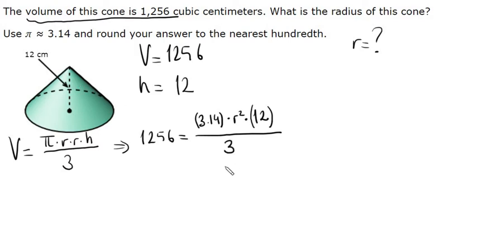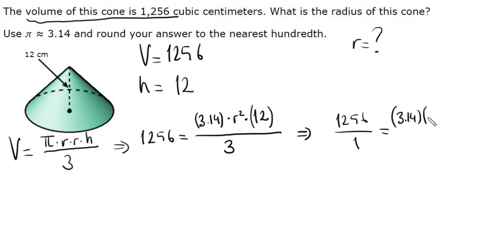Now we can make a cross multiplication to get the r squared. As you can see, 1256 is actually 1256 divided by 1, because we can divide any number by 1 and we get the same number. And then 3.14 times, I can change the places of r squared and 12 because all these numbers are combined by multiplication.